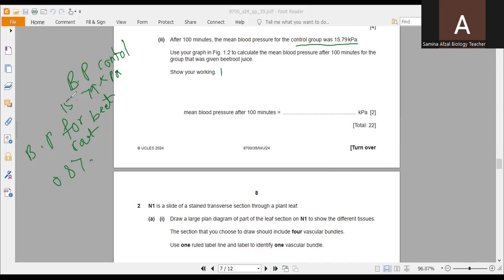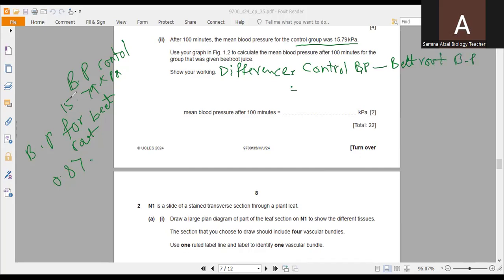So the difference is equal to control BP minus beetroot BP.